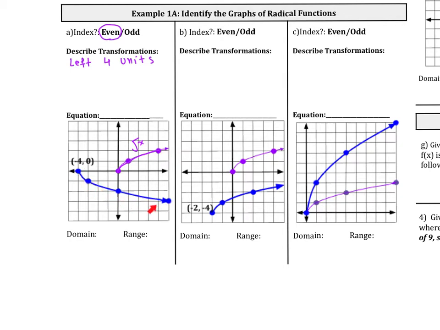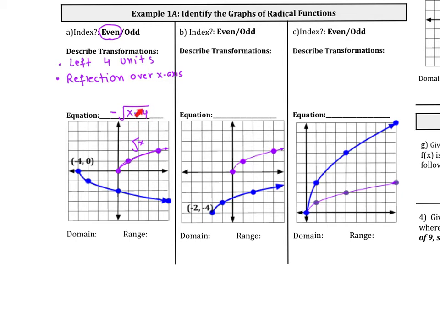This is a reflection of this function, so next is a reflection over the x-axis. It means that the equation should have a negative in the front. So negative square root of x plus 4.